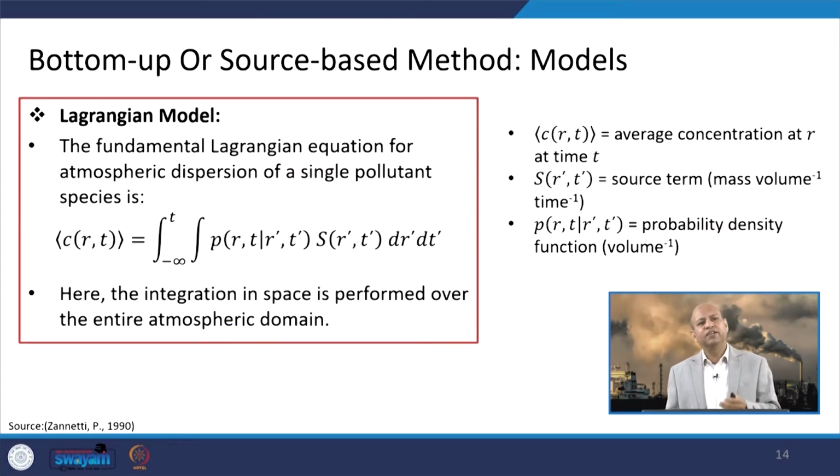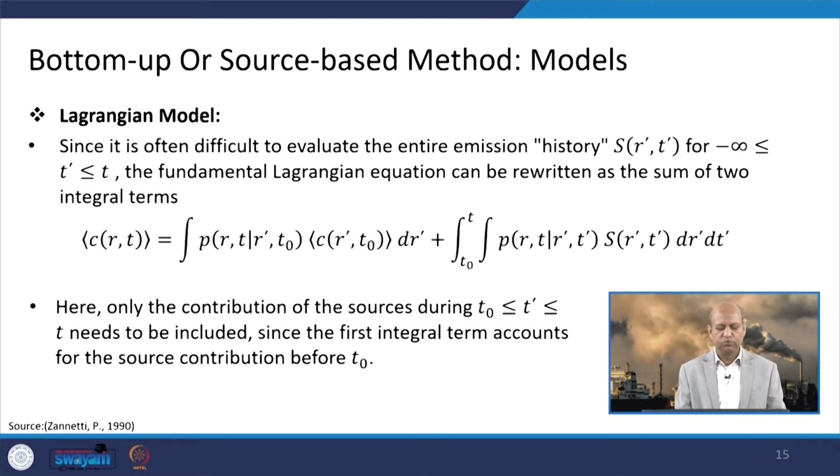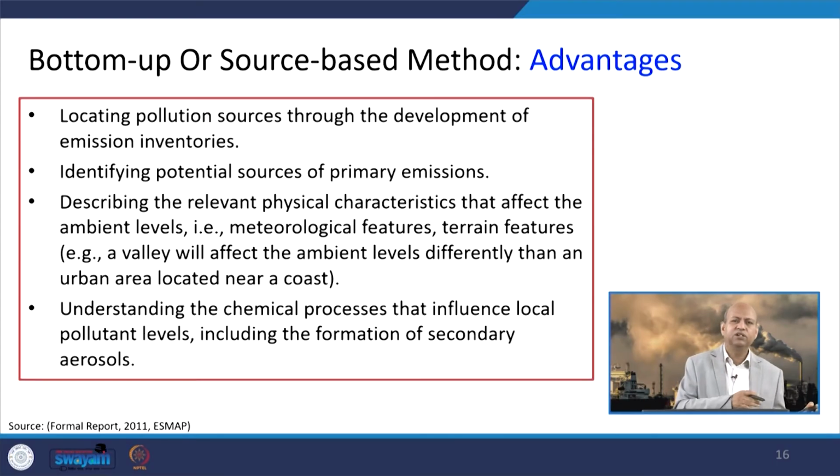For the Lagrangian model, a fundamental equation is used with the average concentration, the source term in terms of mass per volume per time, and a probability density function per volume. You can see the integration of these variables, but for simplification we can distribute it into two very simple terms. There are computational models nowadays available which you can use, whether based on the Gaussian dispersion technique or the Lagrangian technique.